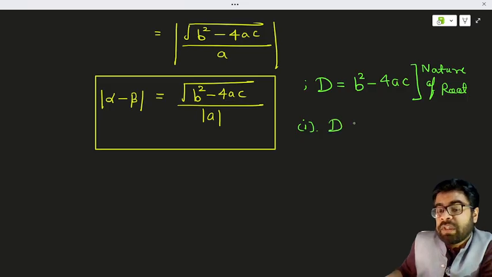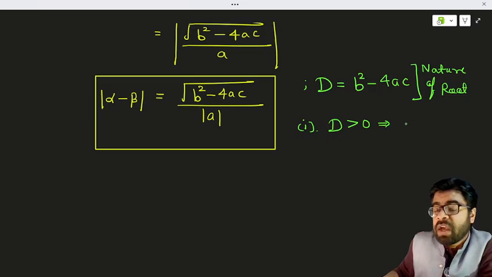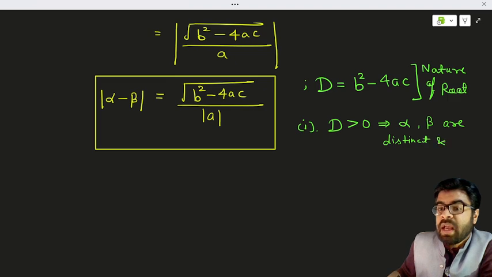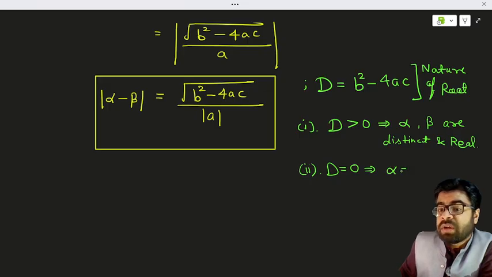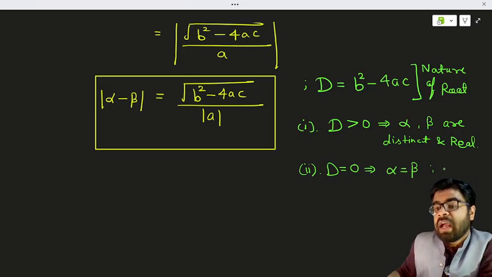If we have D greater than 0, then we will say that whatever roots we have, alpha and beta, alpha and beta are distinct and they are real. And if we have D equal to 0, then in that case alpha will be equal to beta and alpha, beta are real numbers.